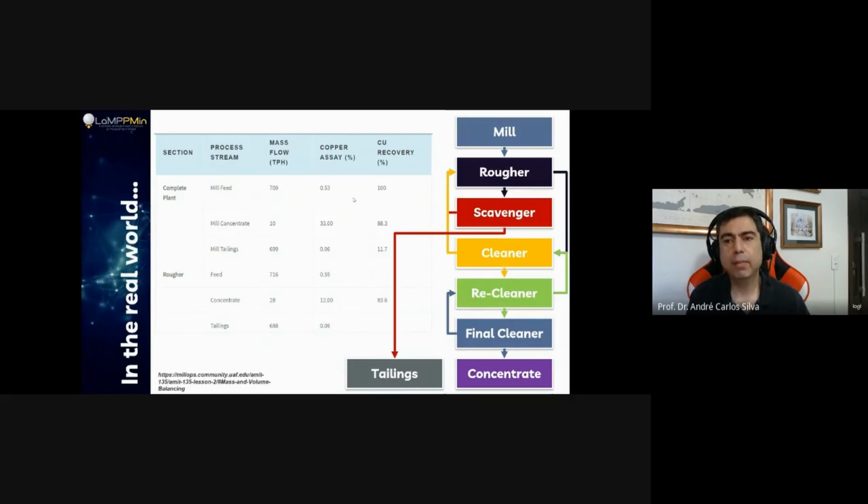And if you take a look at the mass in the mill, again, mass in, mass out. So we have a mass flow of 709 tons per hour, and that's going to be the feed and the product of the mill, okay? If we added the particle size distribution, then we would need another chapter to take a look at it, because mass goes into the mill in one specific particle size distribution, and mass goes out of the mill in another particle size distribution, and I have to take this into consideration.